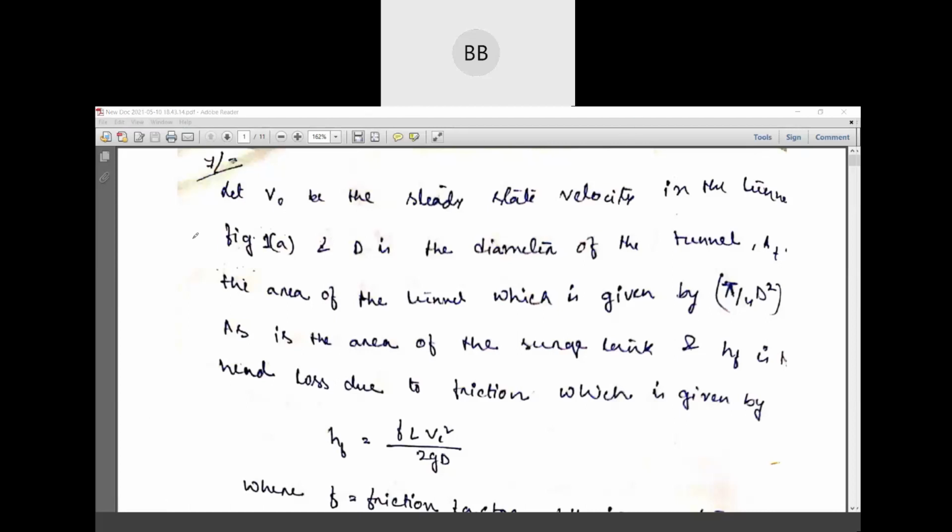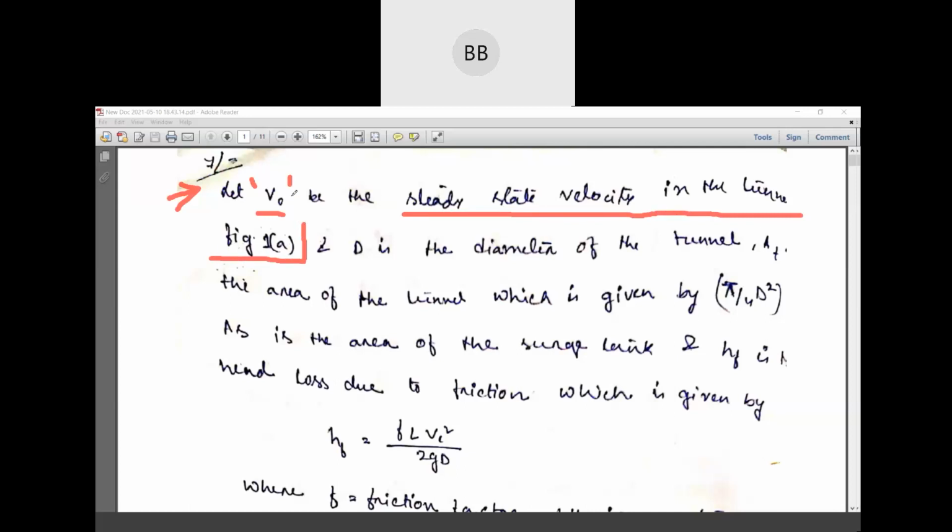So now first you write it down. Let V naught be the steady state velocity in the tunnel. You can see in figure A, I think you have already written V naught.